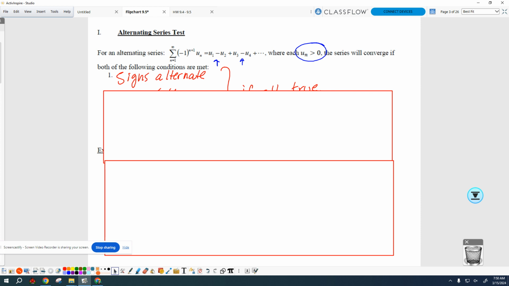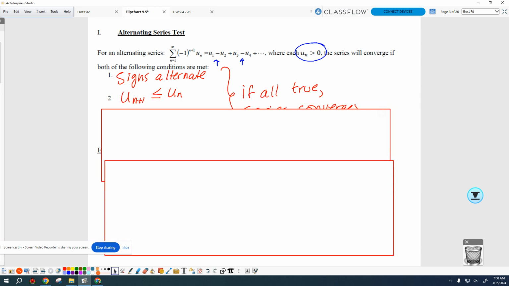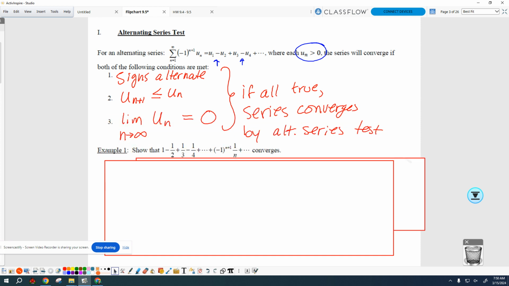So the 3 things that we need to be true: the signs need to alternate, so on, off. State this whichever way you want, but the later terms get smaller and smaller. They can stay still for a while, but eventually they have to get smaller. And the last thing is the very last term goes to 0.